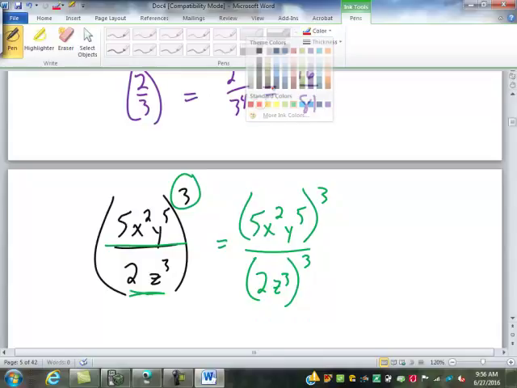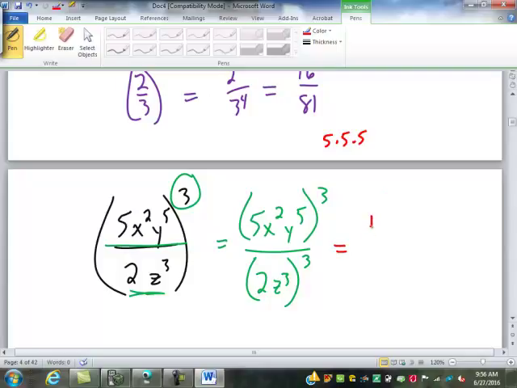And now do you remember how to take something to a power? You do the number to the power, the count to the power. What is 5 to the power of 3? That's 5 times 5 times 5, or 125. Next, you have to do the variable x squared to the power of 3.